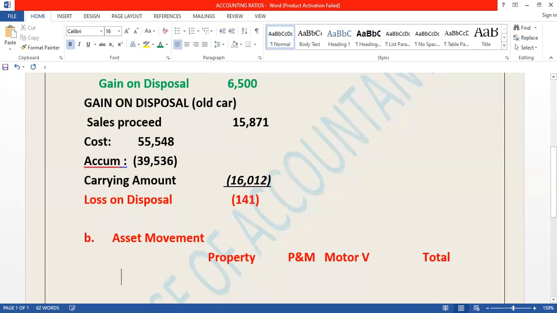Then we can put the Naira here, so that we know that we are reporting in Naira.